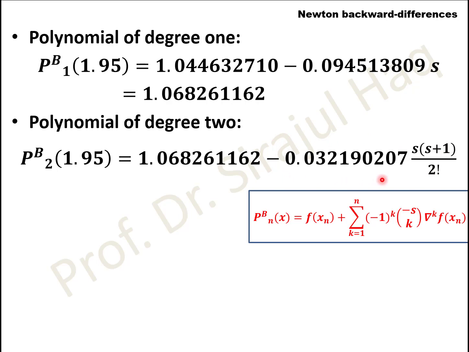This value from the table is nabla square f of x5. And when you replace the value of s, you are getting this approximated value 1.071278994, the approximated value of the function at x is equal to 1.95 using polynomial of degree 2.